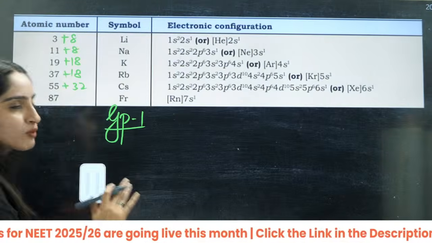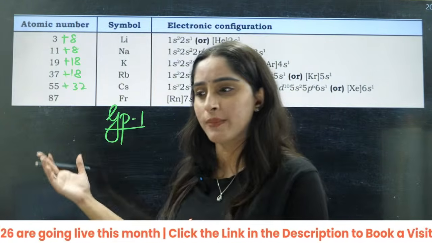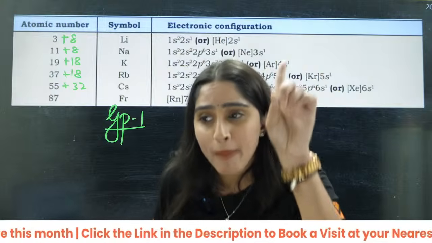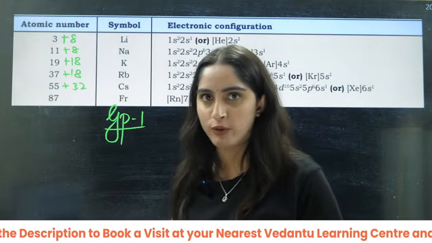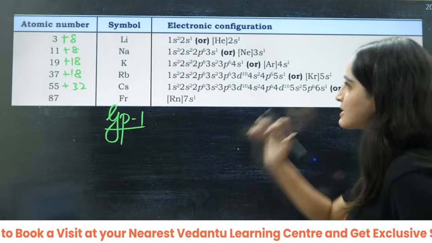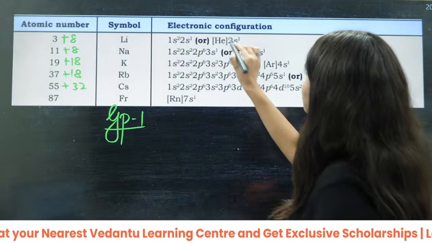That means you can calculate with the help of magic numbers any atomic number for a particular group. For one group, any atomic number can be calculated. That is the first thing that we observed here. Second is what we observe next.